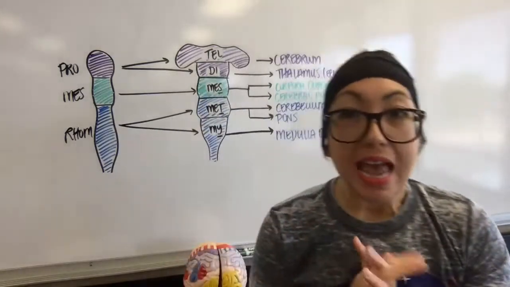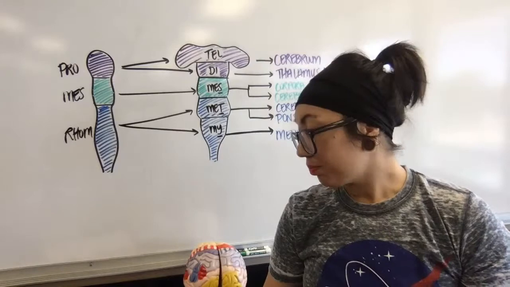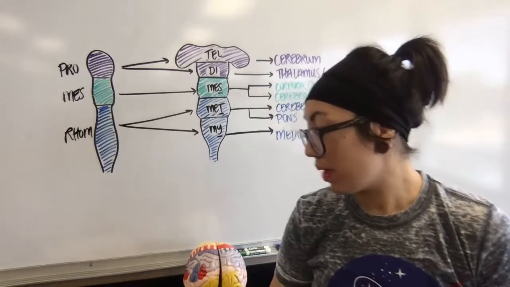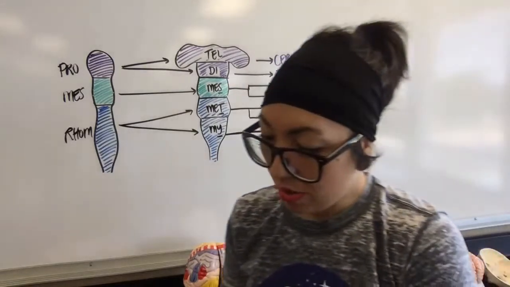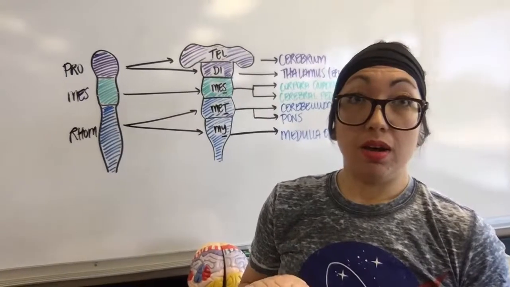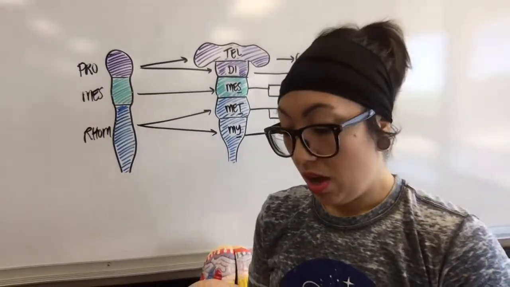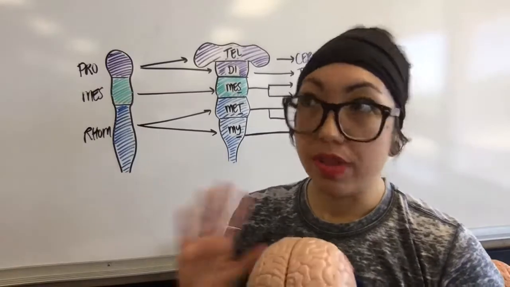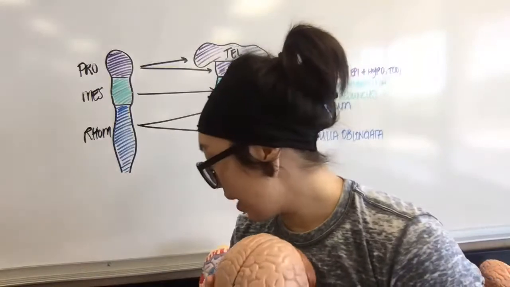Okay, so looking at objective 2, we have the structures of the adult brain on human models and sheep specimen. I do have a video that goes over the sheep specimen that will also be included on your Canvas links, so you don't have to worry about trying to figure out what in the world is located on the sheep brains.